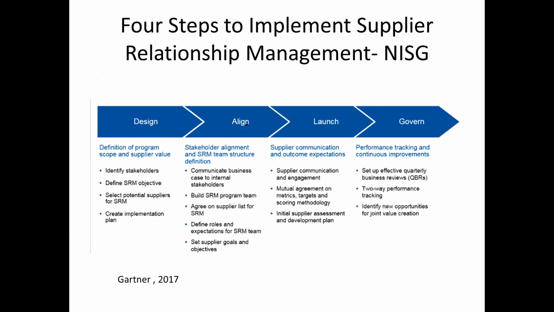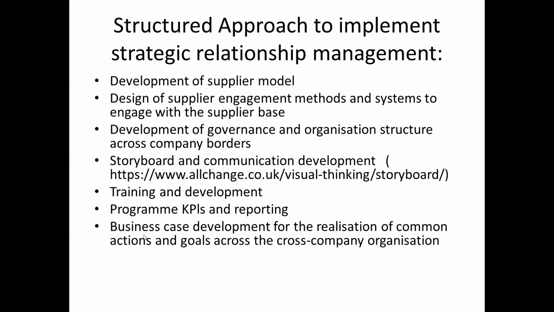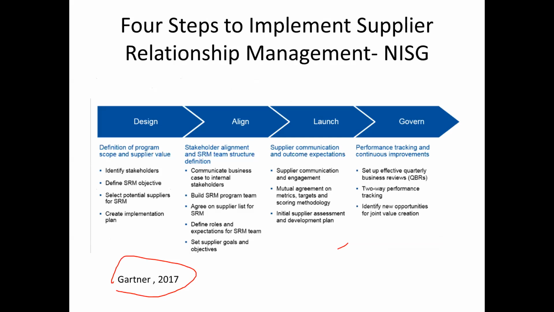Design, align, launch, govern. Quite like that model. You could cite it from Gartner if you like that model, but don't go and learn that and everything else. Okay, that's pretty much chapter 1 at a great speed of knots.